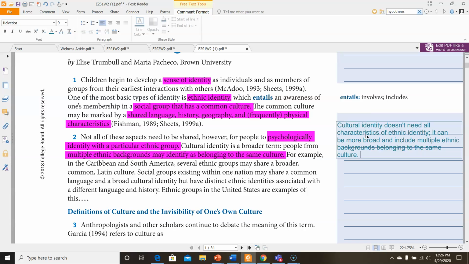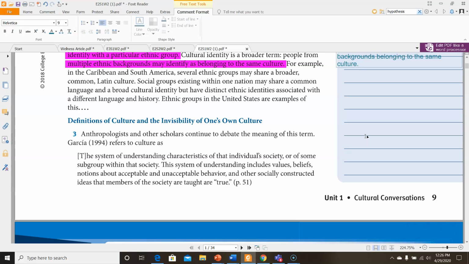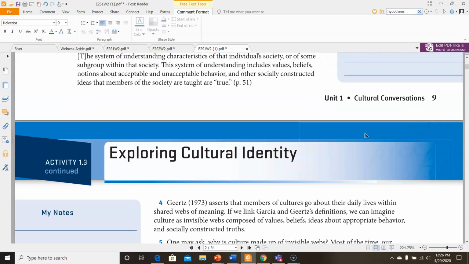But on a broader scale, you would identify as Latino or Latina. So the cultural identity would be Latina, but the ethnic identity would be your specific group that you belong to. So I'm going to let you continue reading this and annotating it without my input, and we're going to go down to the next part.